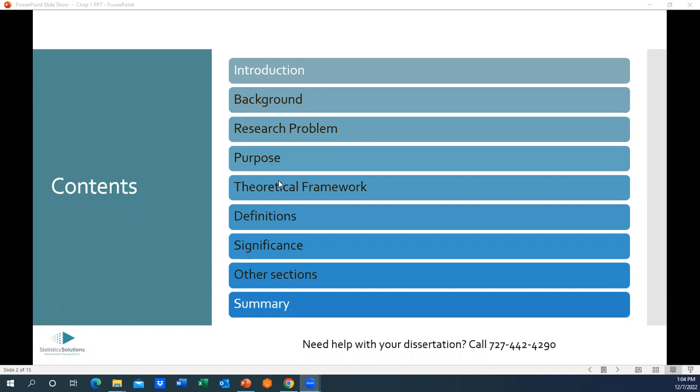So the what, the introduction is going to introduce your topic. That is what you're studying. It's going to introduce and talk about the why, right? Why are you studying what you're studying? And then the how, that's the methods, right? How are you going to actually study it?